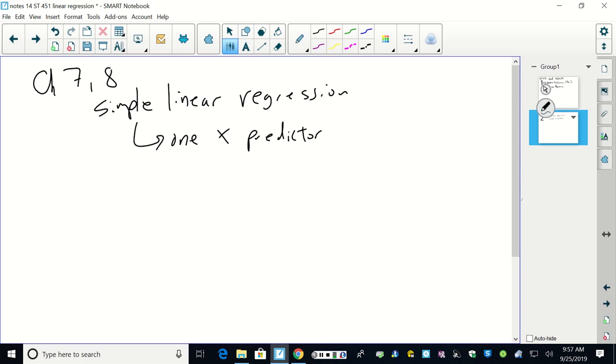Sometimes you have a primary outcome, a primary predictor you want to study. So y is going to be our outcome variable. Sometimes it's called a response. Particularly in experimental settings, it could be called a dependent variable.